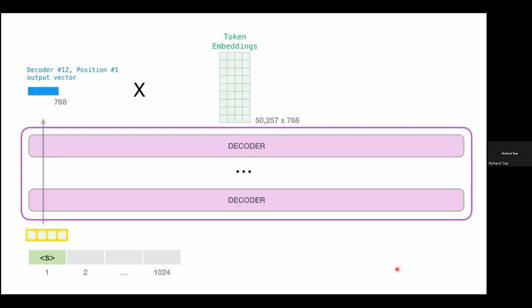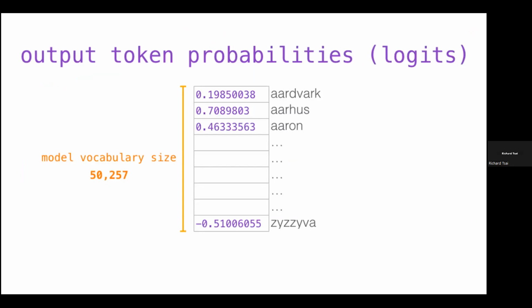To calculate the probability distribution over the vocabulary, we simply multiply the output from the 12th decoder with the token embedding matrix. So these are the probabilities assigned to each output token, often referred to as logits. For example, the probability for Aaron is 0.46.